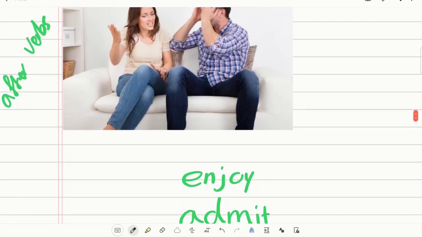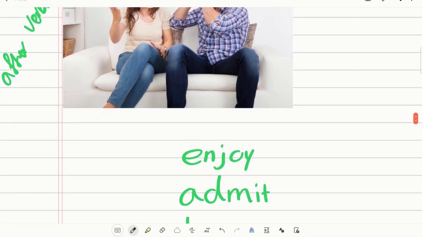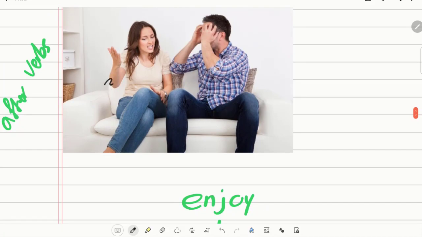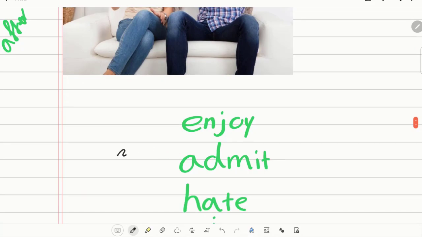Let's make a sentence with admit about actually this picture. Well, what are they doing? They're just arguing about something. He says something about her mistakes, and she talks about his mistakes, and none of them admit. It means we can say they don't admit.